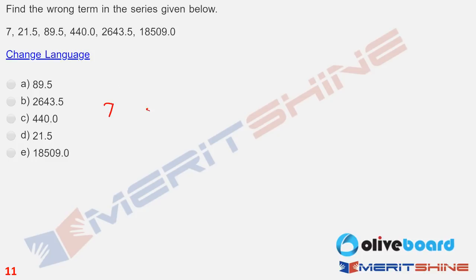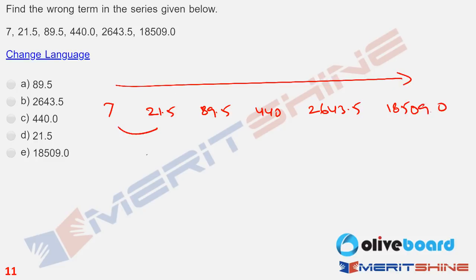These 7 here. 643.5. Okay, clearly a multiplicative series, a radical increase. So this is into 321 plus 0.5. What is happening here? Just look at this.